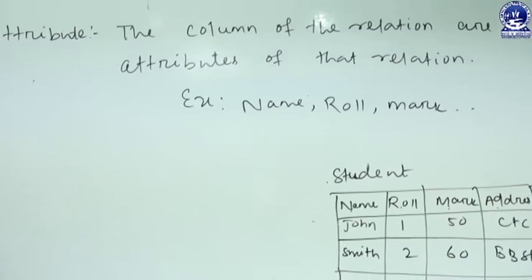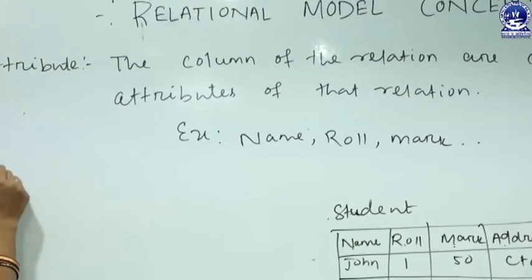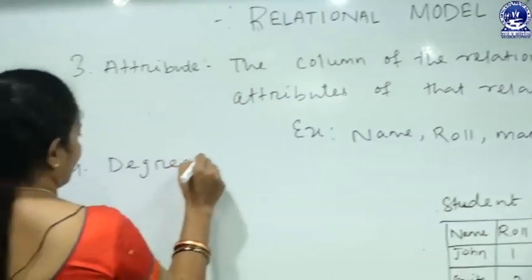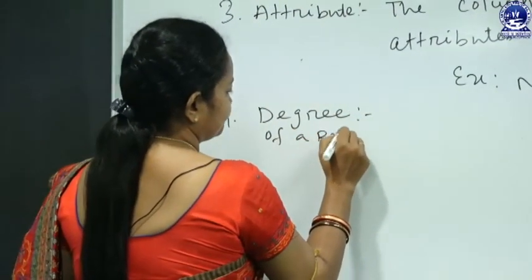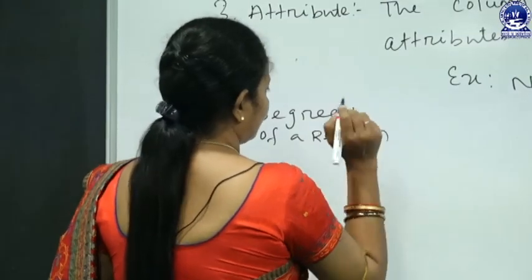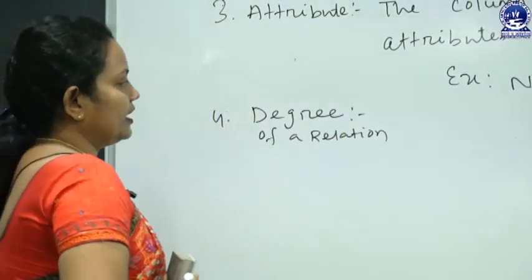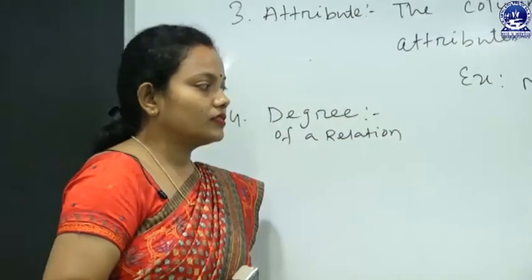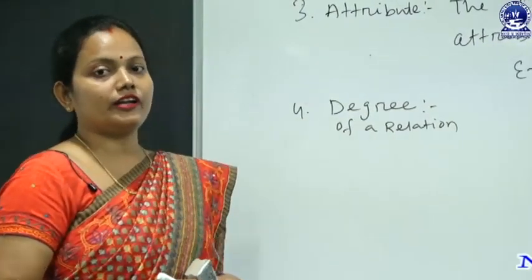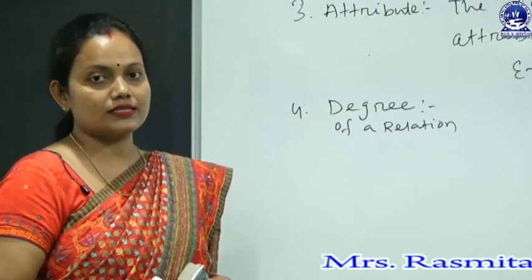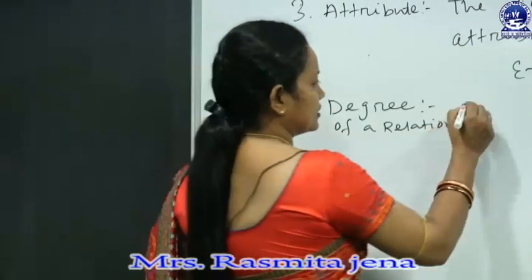Next terminology is degree of a relation. The degree of a relation means the number of attributes.